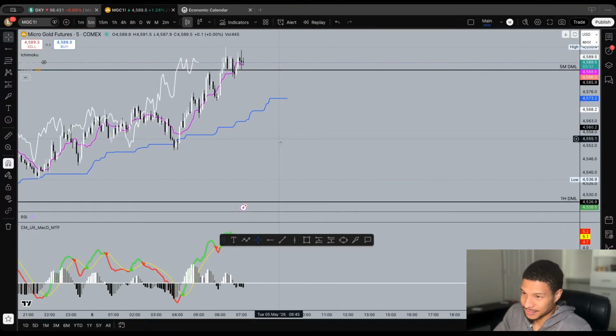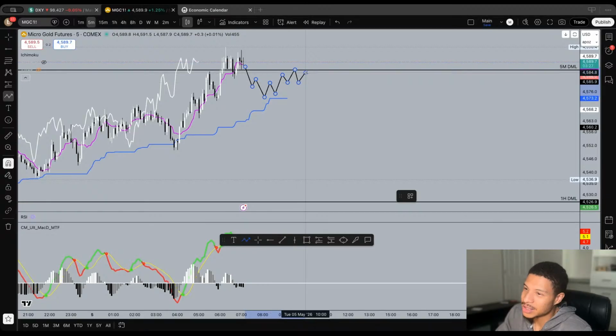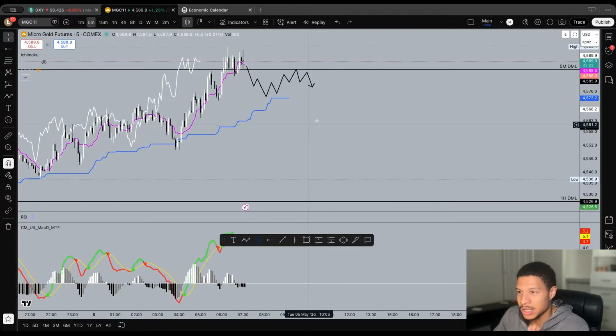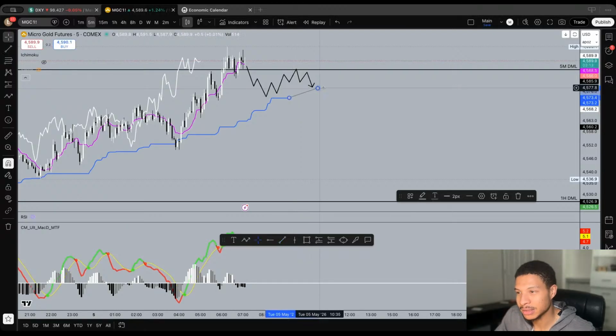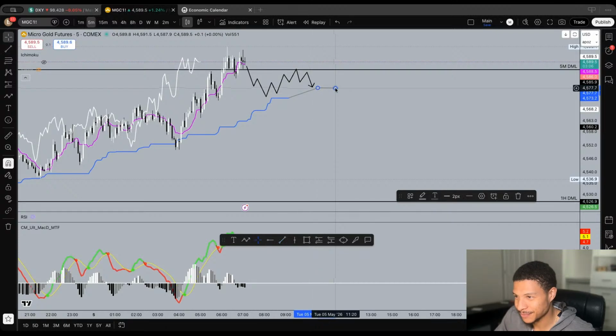But what I would be waiting for is price to make its way down here, which, knowing price, it'll do something like this, right? And that's the way the data works. Then my conversion line, or excuse me, my lead span B will find its way somewhere right here, to where it's right on price. And then I'm simply looking for price to break it.